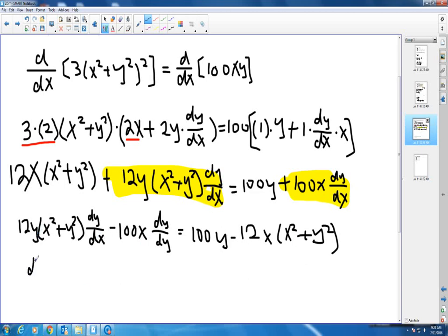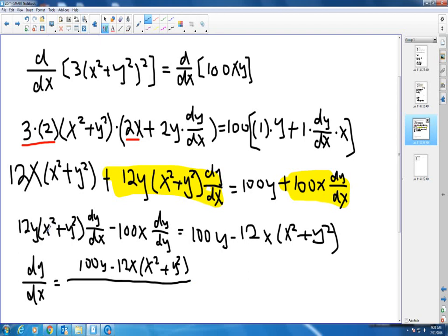So my dy/dx will end up as 100y minus 12x times (x squared plus y squared), divided by whatever is coming from the other side, which is 12y times (x squared plus y squared) minus 100x.